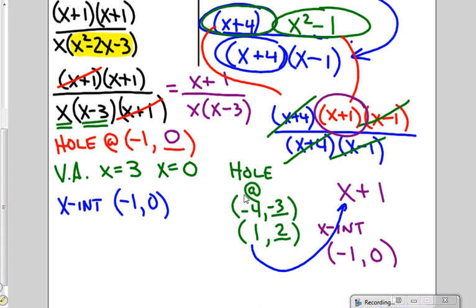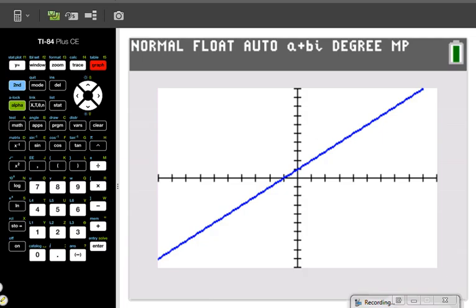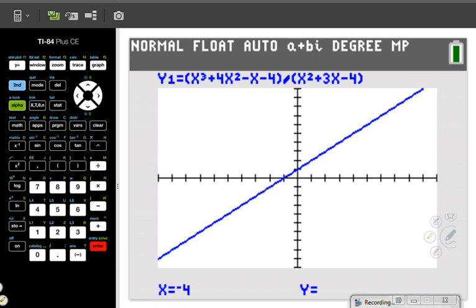When you go back to your graphing calculator and you press trace, negative 4, enter, is there a y? Trace on the original function, negative 4, enter, is there a y? No. But do you think it's at negative 4, comma, negative 3? Does it look like that blue line would go through that point? Negative 4, comma, negative 3?